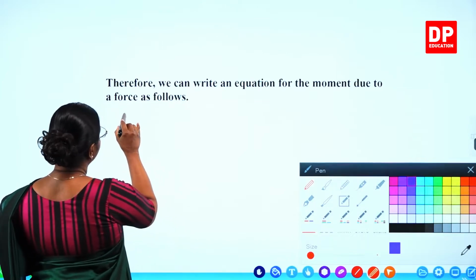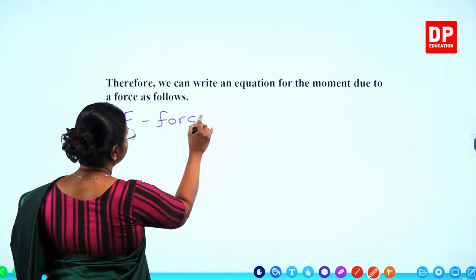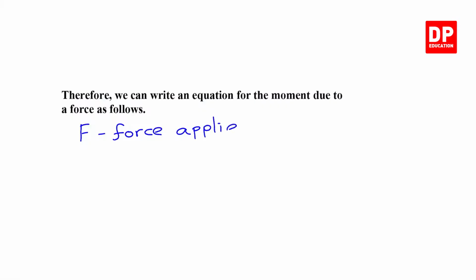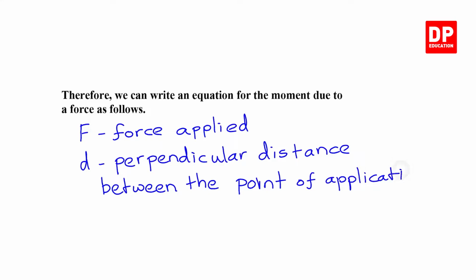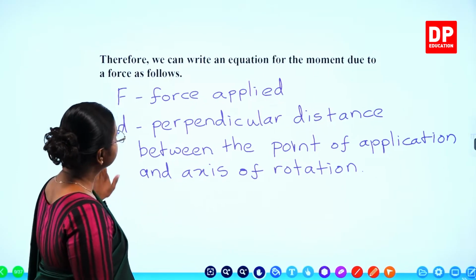In that, I told you all F is the force applied and D is the perpendicular distance between the point of application and axis of rotation. Axis of rotation. So what is moment?